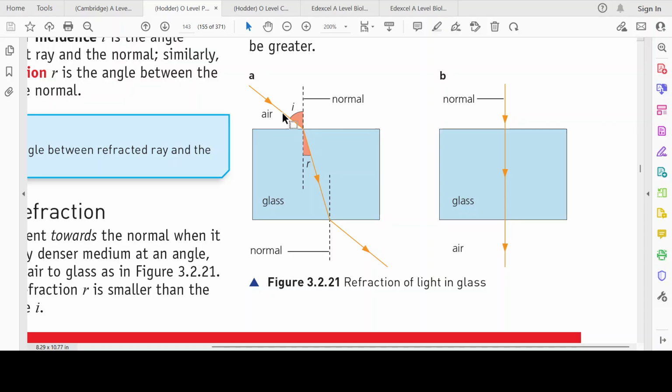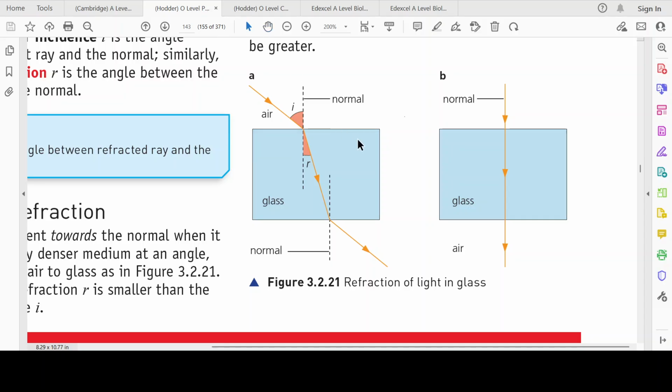The ray coming in is called the incident ray, and the ray that is refracted is called the refracted ray. This is the normal, the dotted line, which is perpendicular to the boundary of the medium. The angle between the incident ray and the normal is called the angle of incidence. And the angle between the refracted ray and the normal is called the angle of refraction.